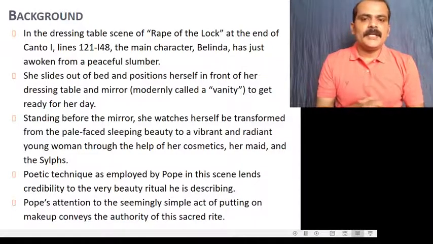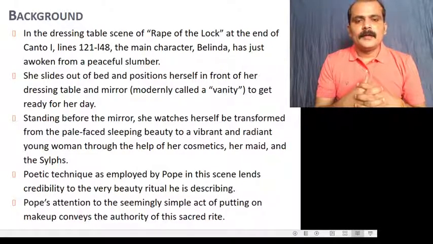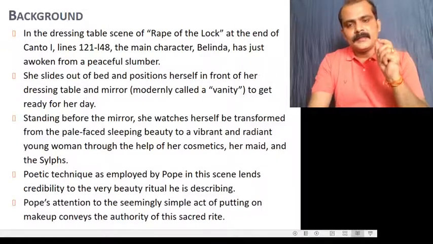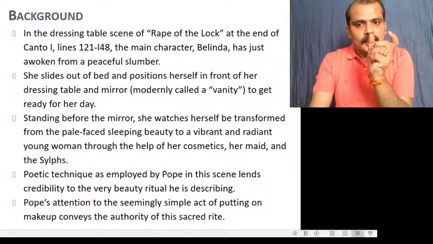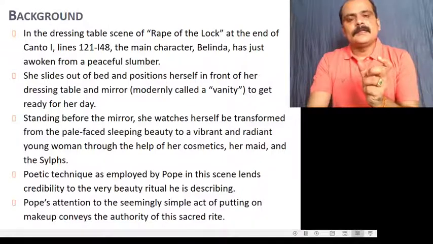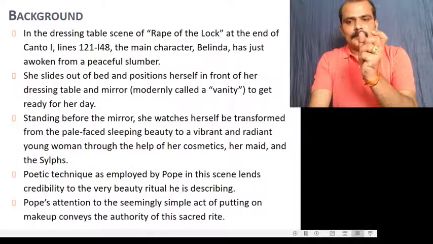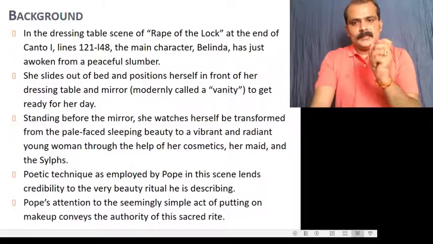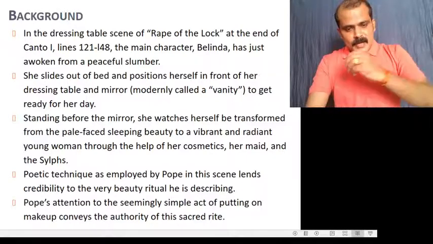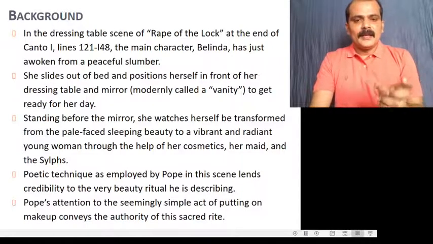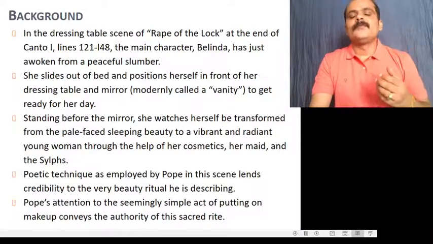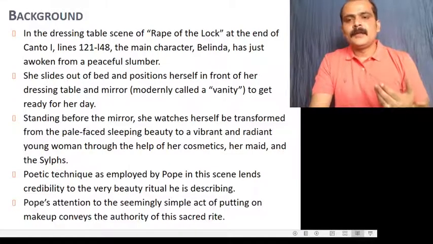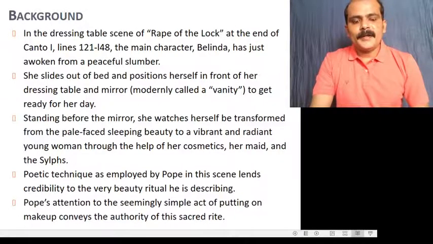In the dressing table scene of The Rape of the Lock, at the end of Canto 1, lines 121 to 148, Belinda, the main character, has just awoken from a peaceful slumber and begun her day. This is how Belinda starts her day, getting ready to attend a party.